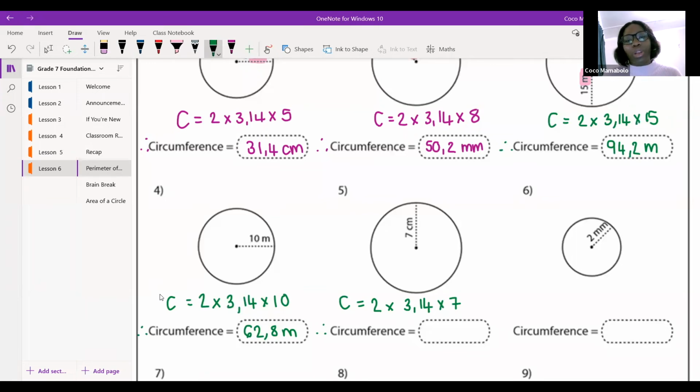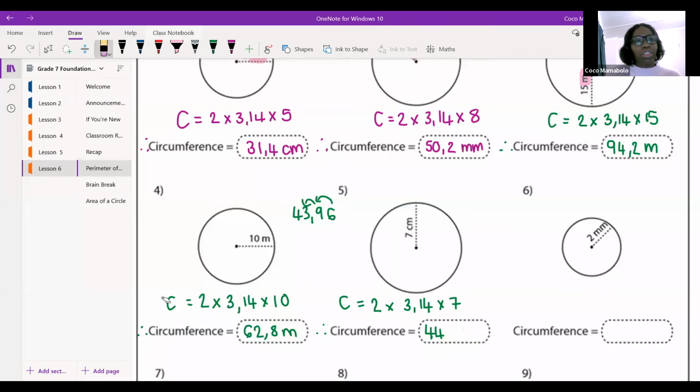When we have the answer 43,96 and we have to round up, the 6 is going to turn 9 into a 10, and that 1 we're going to have to add to the 3. So my answer for the circumference here is actually going to be 44 centimeters. Exactly, Cameron. Cameron's on point.